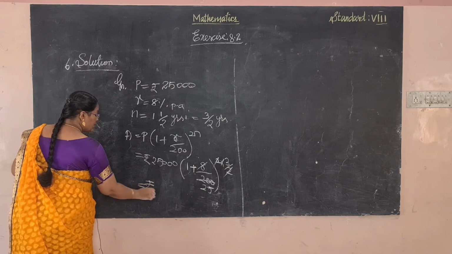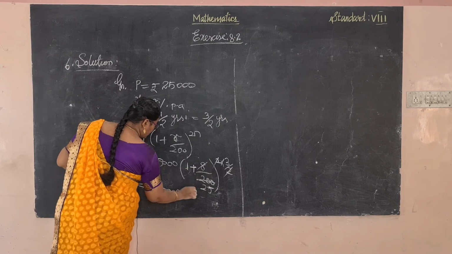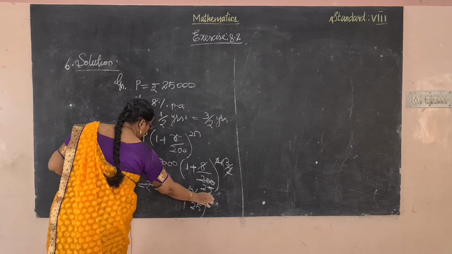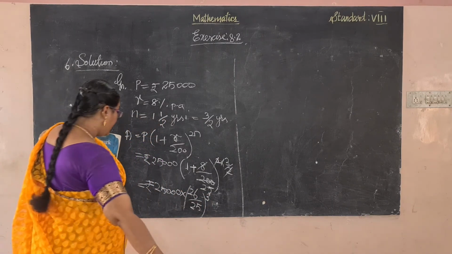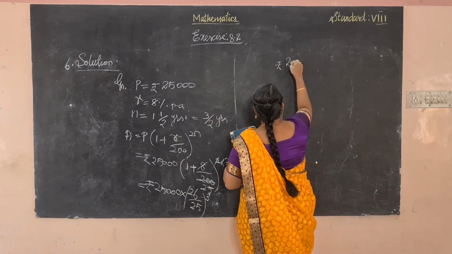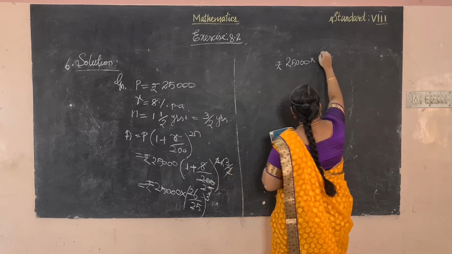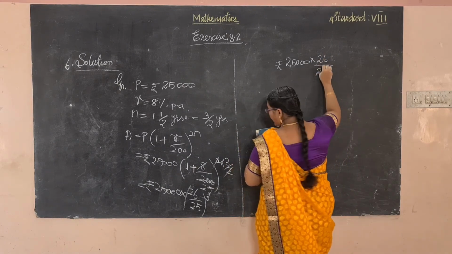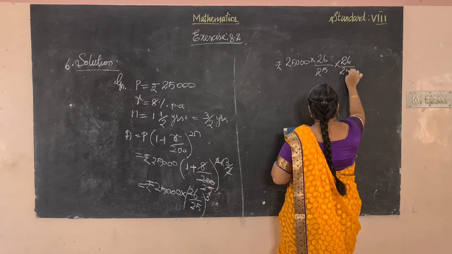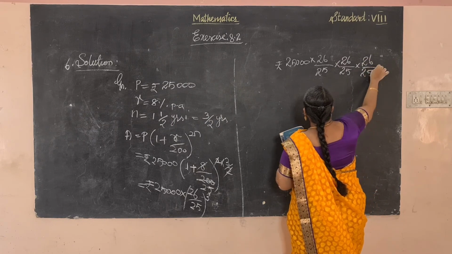So rupees 25,000 into 26 by 25, the whole power 3. Rupees 25,000 into 26 by 25 into 26 by 25 into 26 by 25.